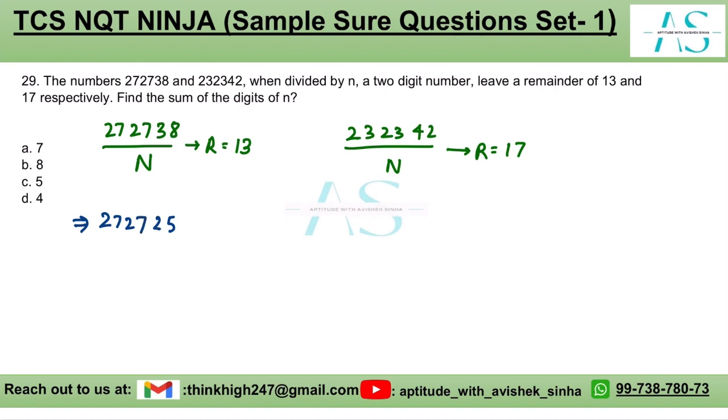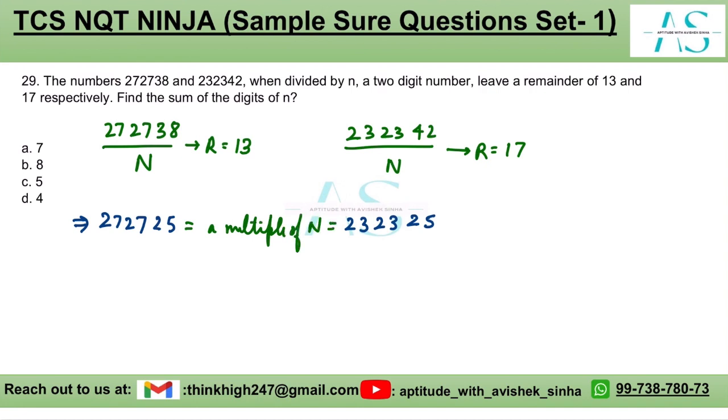Now if I subtract 17 from here, it would be 232325. Now, both of these numbers are of the form multiple of n. Yes or no?